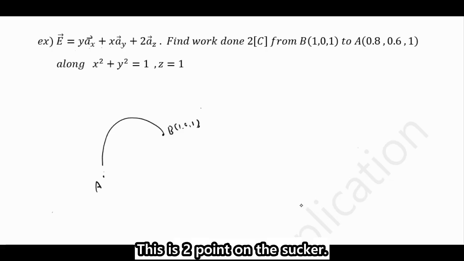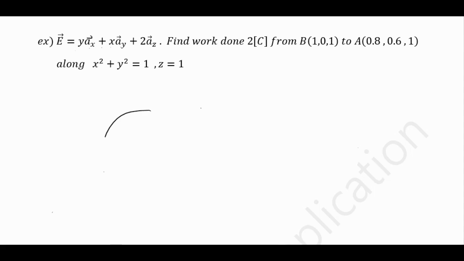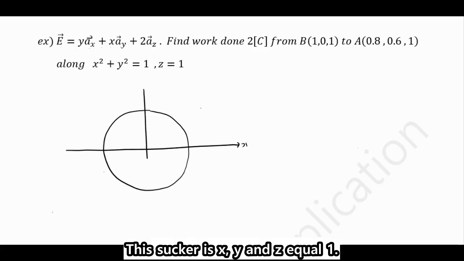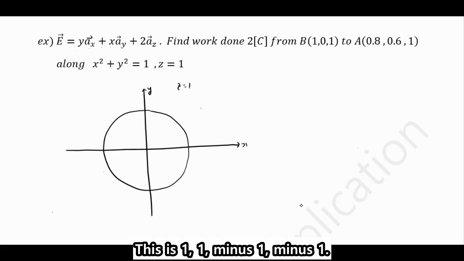These are 2 points on the circle. This circle is x, y, and z equal to 1. This is 1, 1, minus 1, minus 1.